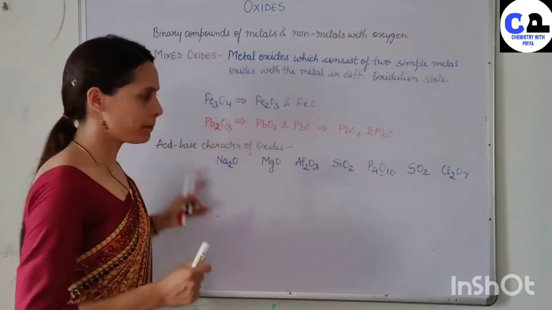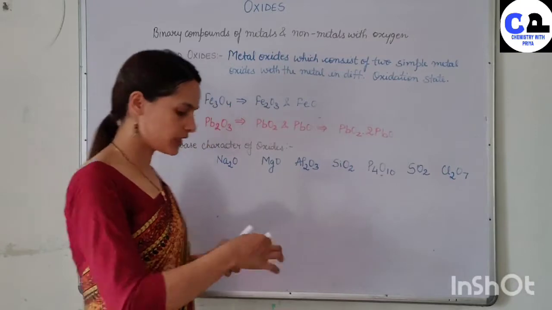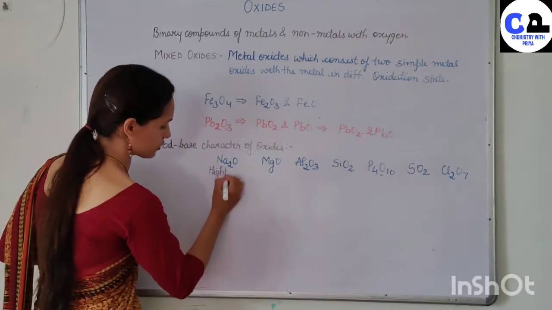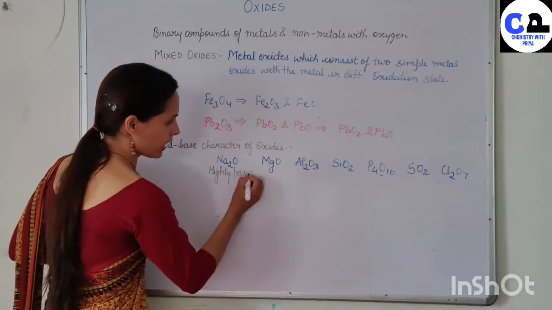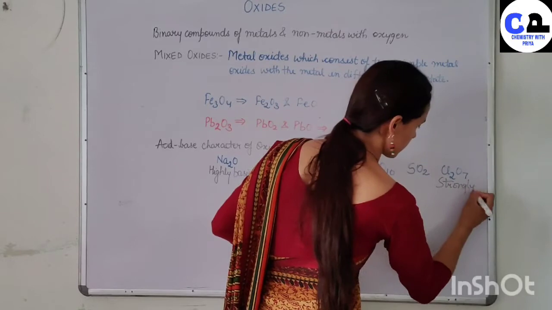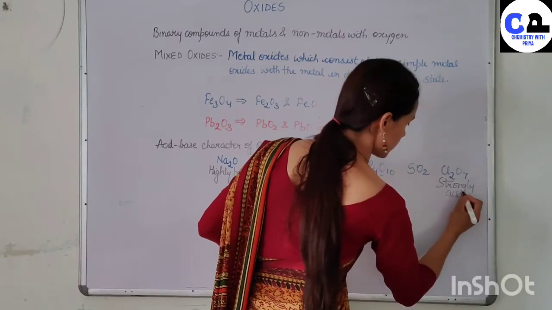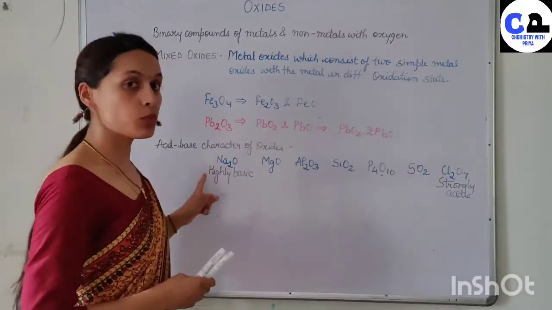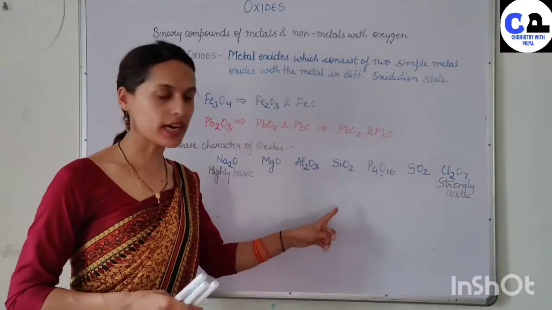So if we talk about the acidic and basic nature of these oxides, Na2O is highly basic in nature, whereas Cl2O7 is strongly acidic in nature, which we have studied in simple oxides. So as we move left to right in our period, what happened?